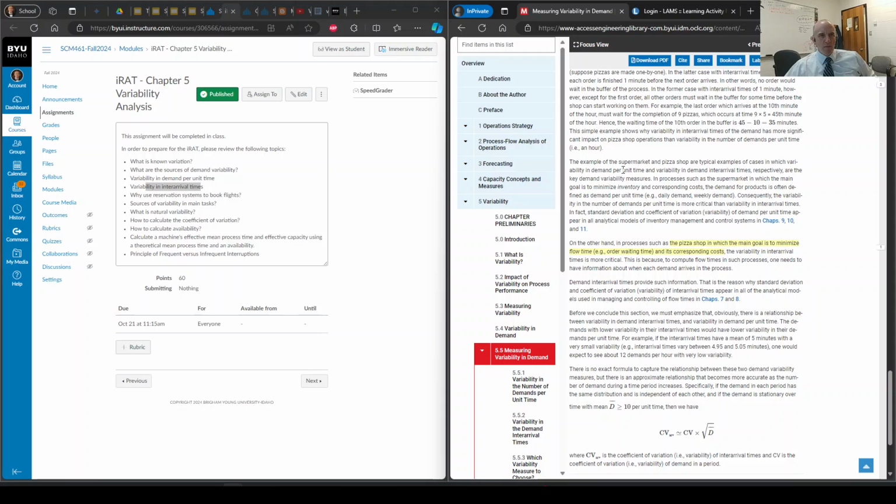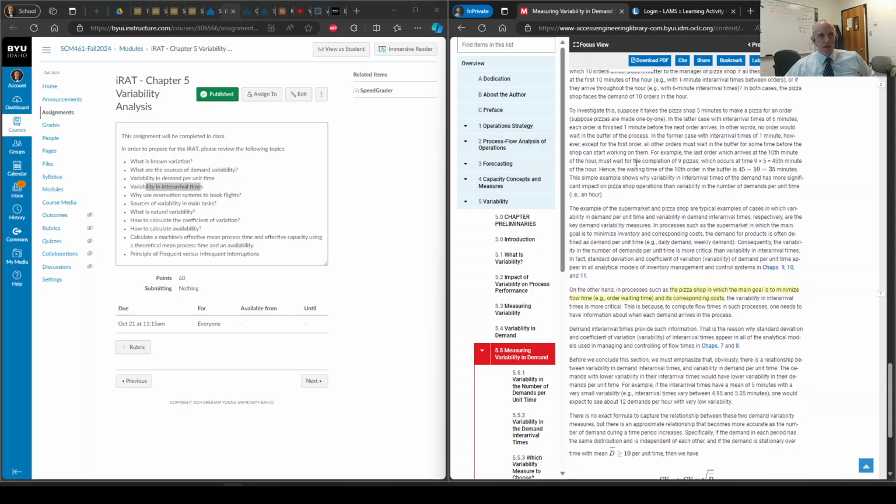From a supermarket perspective, they are more interested in the number of orders per day, which is demand per unit time. The variability in the number of demands per unit time is more critical than variability in inter-arrival times for the supermarket.